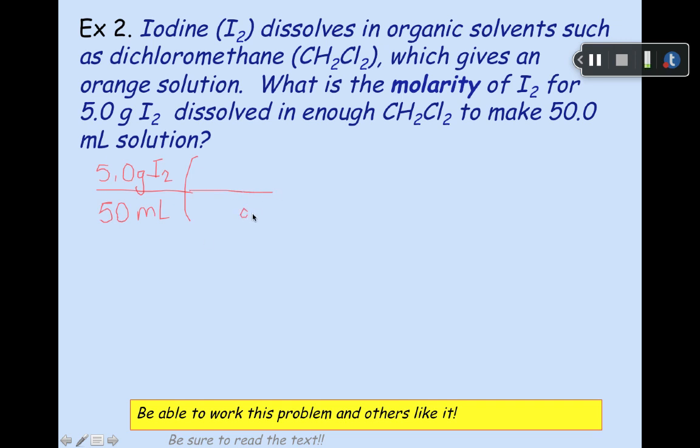So how do we get how many grams of iodine per mole? Well, get out your trusty periodic table and look it up. And remember that this is iodine I2, otherwise you'll get the number wrong. And 1 iodine has a molar mass of 127, so 2 iodine, I2 in other words, is 254 grams per mole.